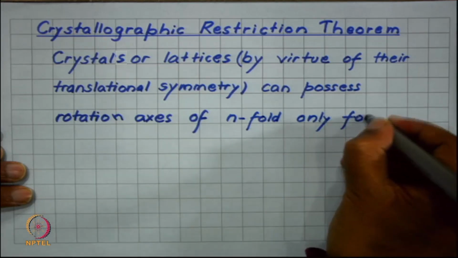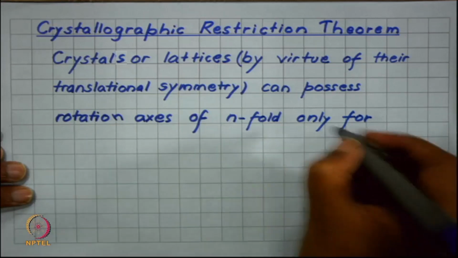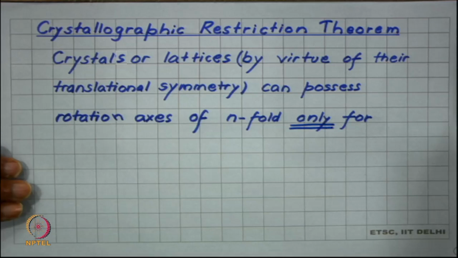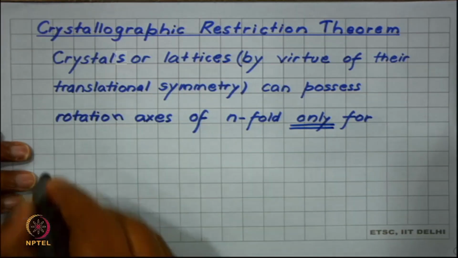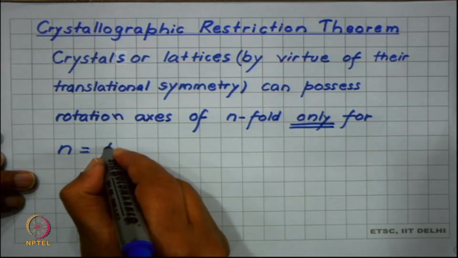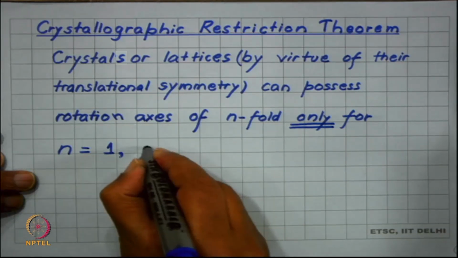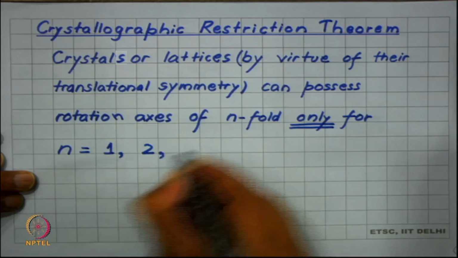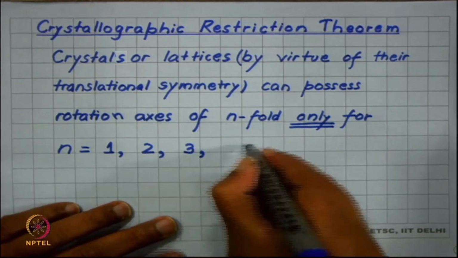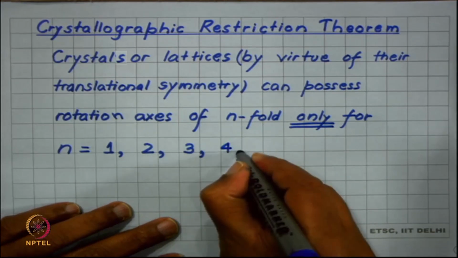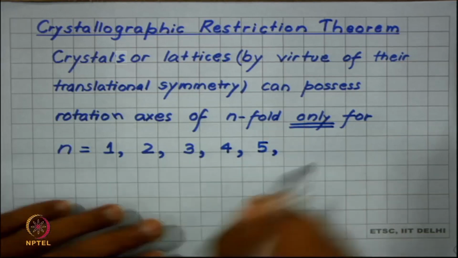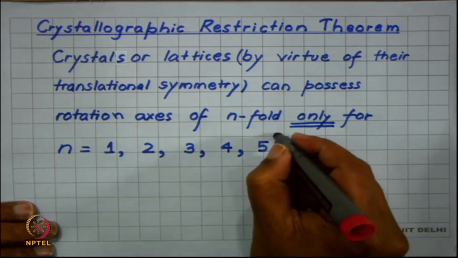only for, now this is a very restricted, a restriction on the symmetry axis which we are putting, n-fold only for n is equal to 1, 1 is allowed, 2 is allowed, 3 equilateral triangle allowed, 4 square allowed, 5 pentagon not allowed.